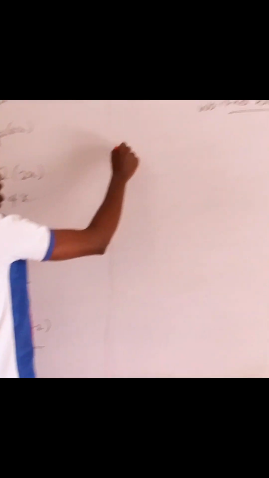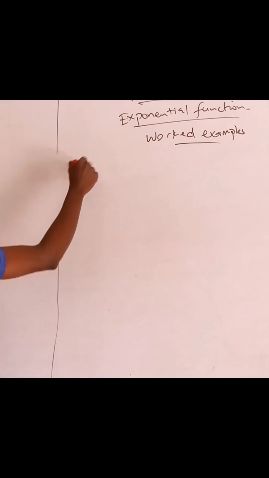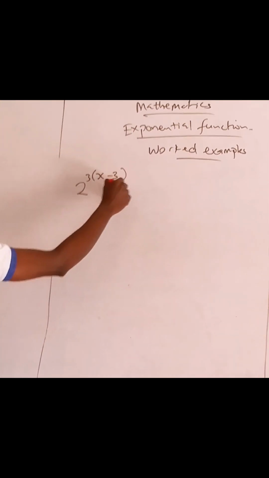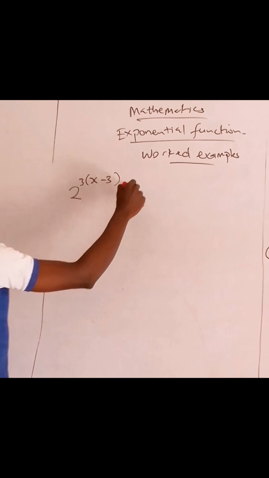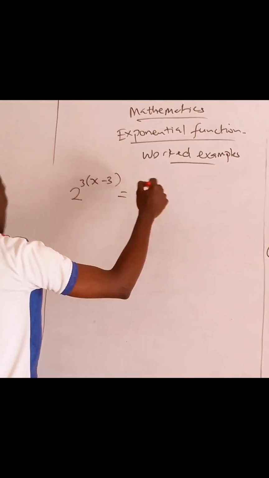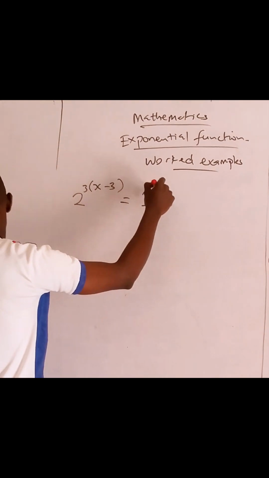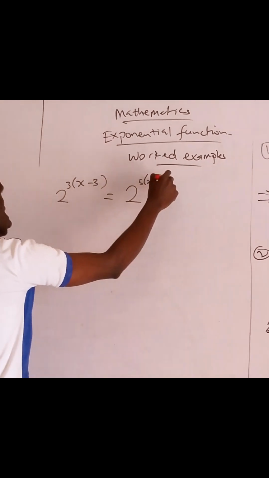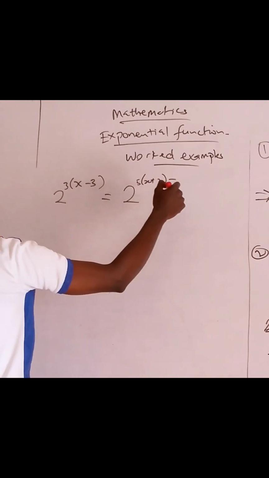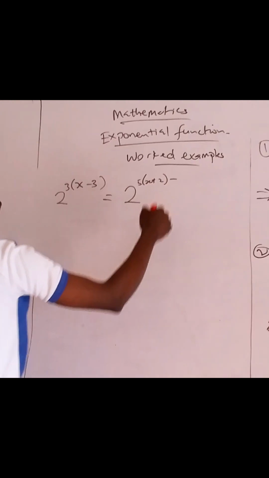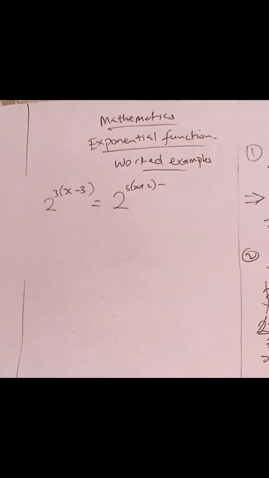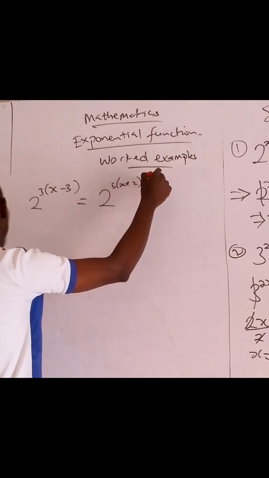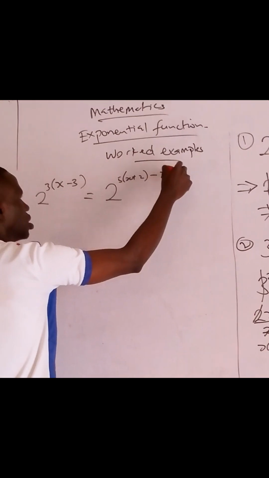So you have 2 raised to the power 3 into x minus 3 equal to, common base, we pick one, the remaining 5 into x plus 2, and because of the division we are subtracting, minus 2 into minus x.